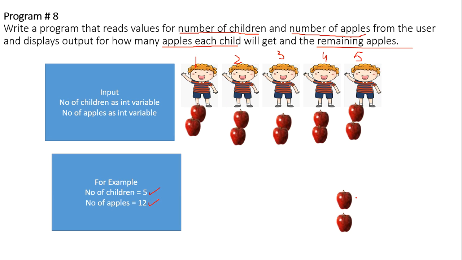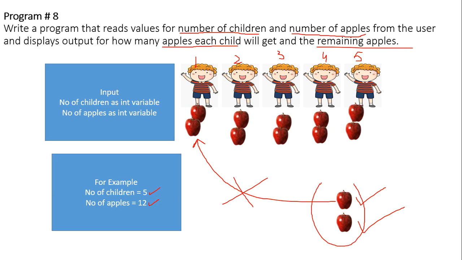So these 2 apples remain, because if we assign one to any of the children, it will not be considered an equal division. So we are not going to assign these 2 apples to any of the above children. These two apples are the remaining apples. This is the working principle of this program.